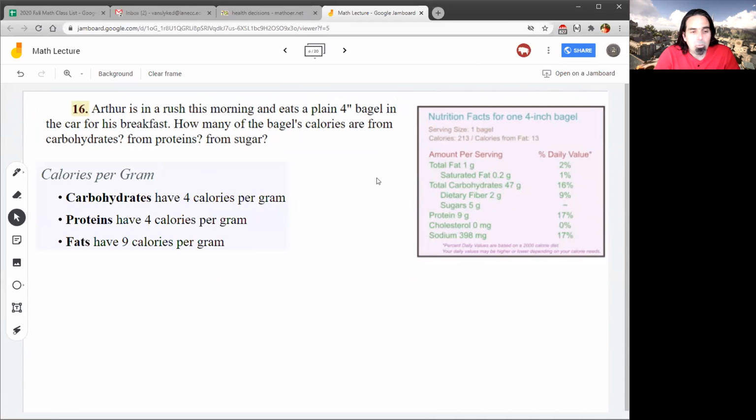Okay, more on my food label while I find the answers. So for carbs, where should I look?